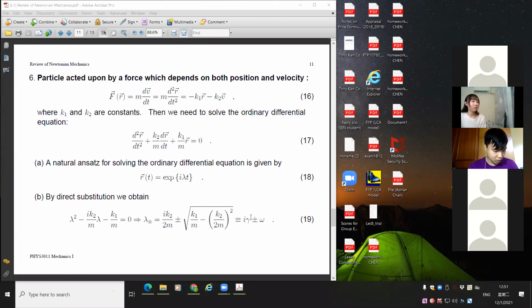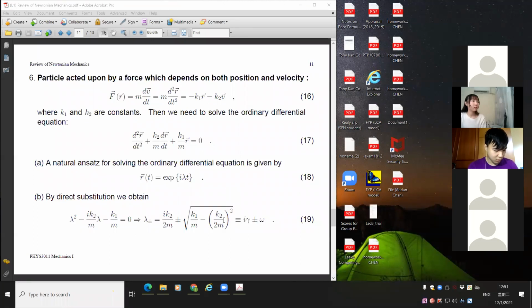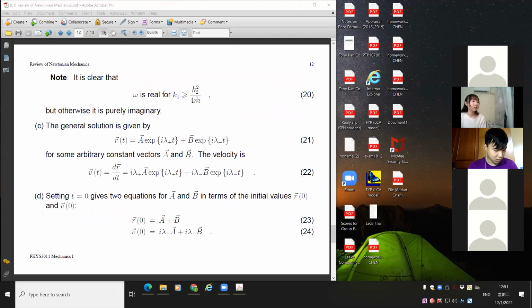The purely imaginary part I call i gamma. Now it is clear that for k1 much larger than k2 squared over 4m, omega is real, but otherwise it is purely imaginary, right?